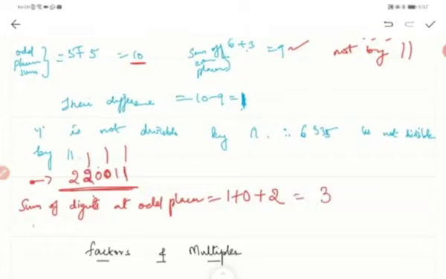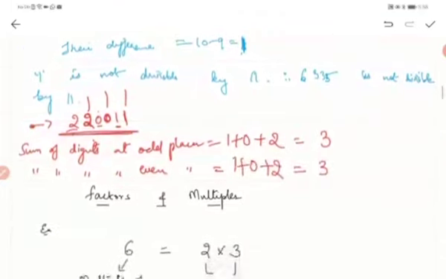Now the sum of digits at even places. How much are you getting? Even places is the left out region, that is 1 plus 0 plus 2. So again we are getting 3.